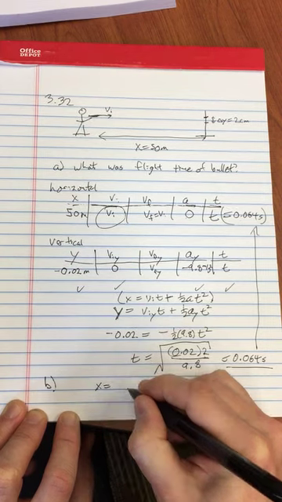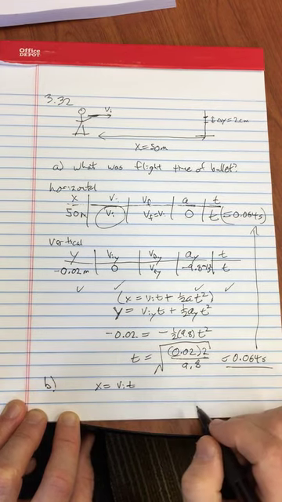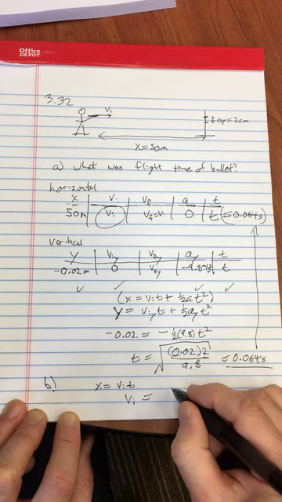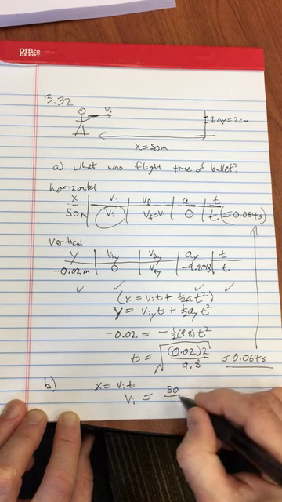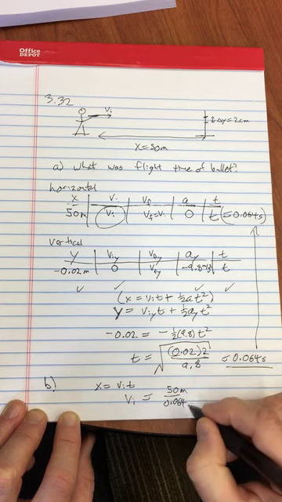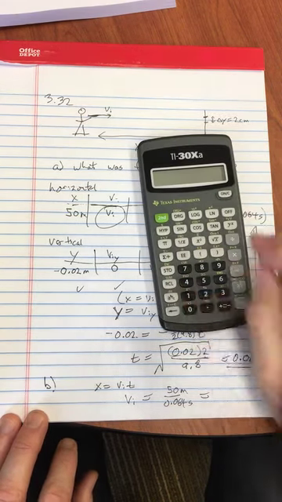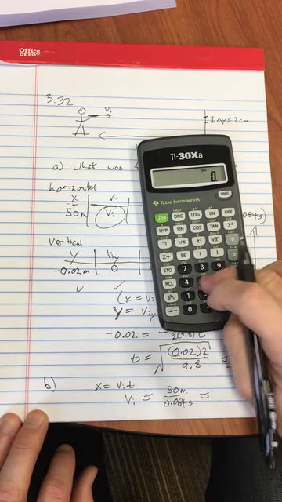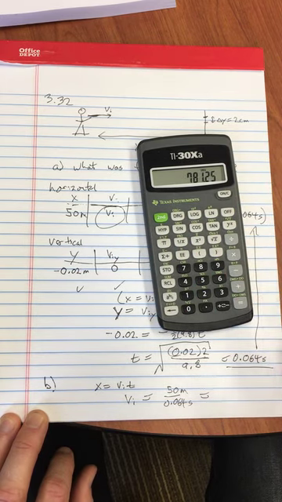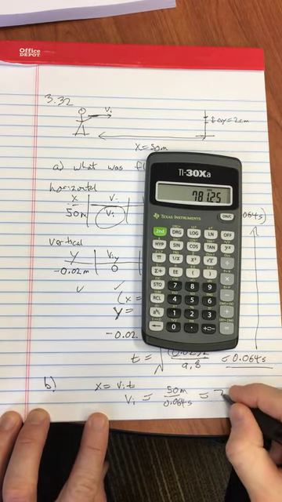The distance equals VI times t. The 1/2 a t squared term goes away, so that gives me VI equals 50 meters divided by 0.064 seconds, and that equals our initial velocity of the bullet, 50 divided by 0.064, and I get 780 meters per second.